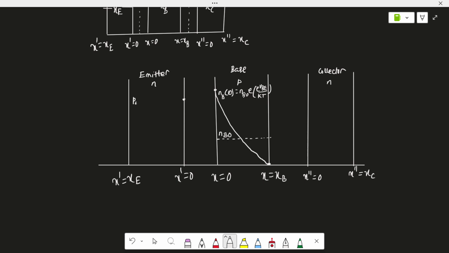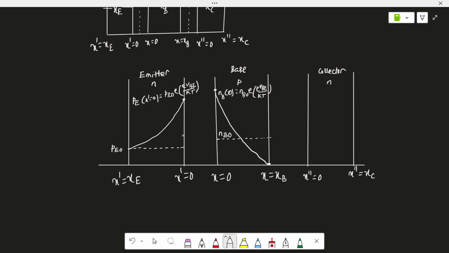We can write this as P in the emitter region at x dash equals 0, which is maximum here, that is given by PE0, the thermal equilibrium concentration of holes in the emitter region, times the minority carrier concentration factor, e to the power, the same way, eVBE over KT. So this is your PE0, and it will vary from here to this PE0.